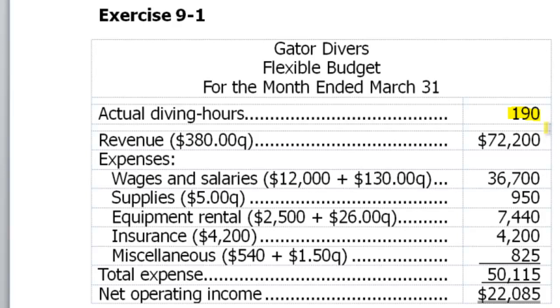So if you multiply that by 200, you get $76,000. That's what the planning budget was. We planned on $76,000 of revenue. But that was based upon 200 diving hours. We only had 190 diving hours. So if we want to see what our plan would have been at 190 hours, take the same $380 per hour, or 380 Q, multiply that times 190, and you get 72,200.